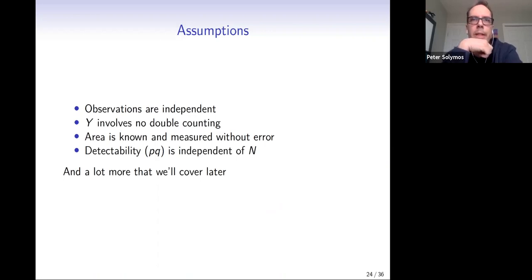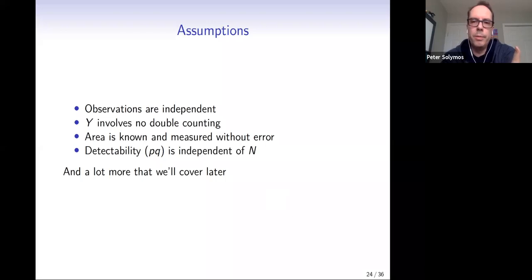For example, those N observations are independent. When we look at Y, that involves no double counting or no undercounting as well. We know the area over which we count the individuals, and the distance is measured without error. Our detectability is independent of the abundance.